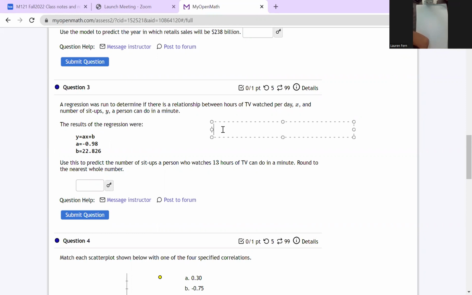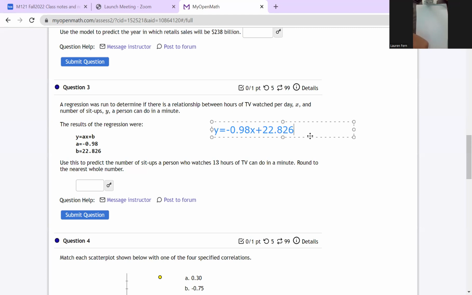The only thing that you're going to want to do is say, oh, well, given the values they have here, we have Y equals negative 0.98X plus 22.826. Okay. So here they just show you how it looks in your calculator.